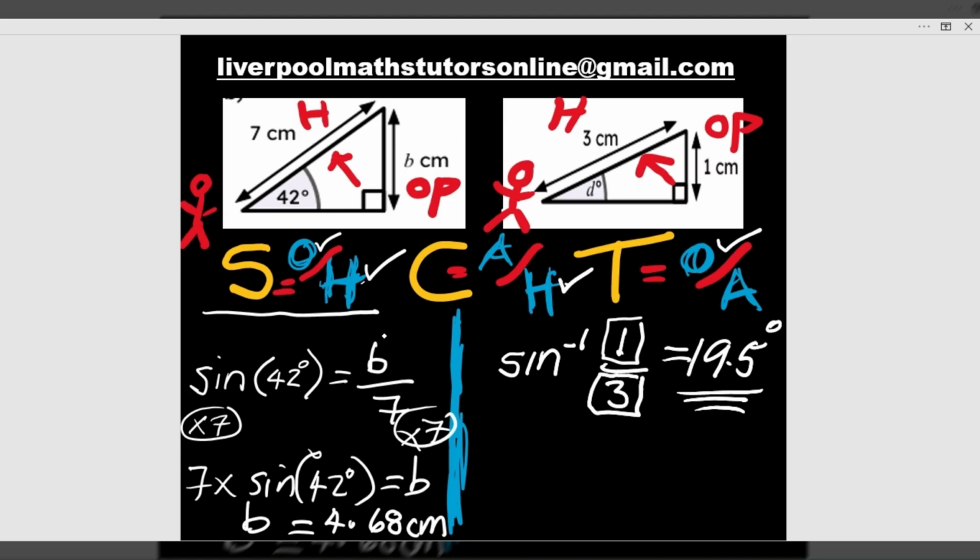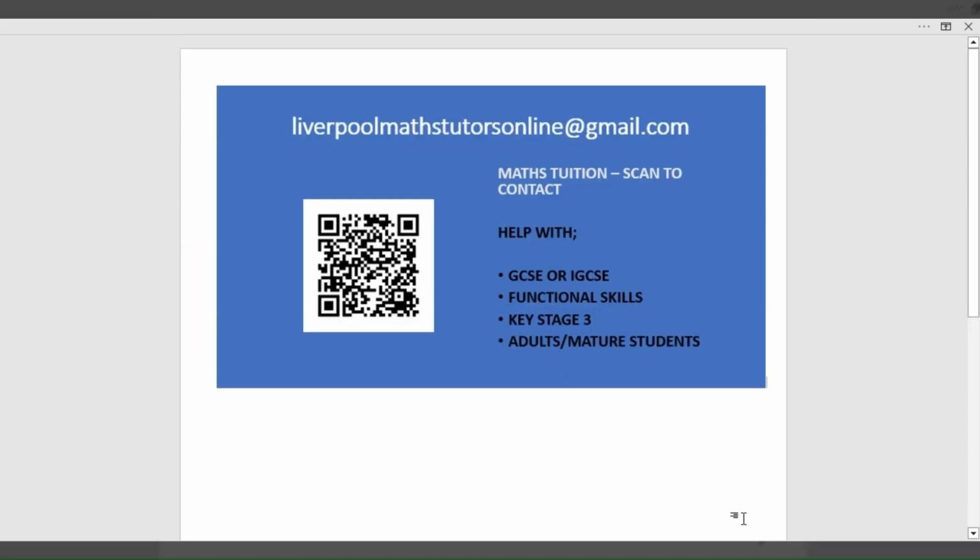And I can see that the hypotenuse has got to be the biggest side. So I can see that that B has got to be smaller than 7. So that looks good, 4.68.